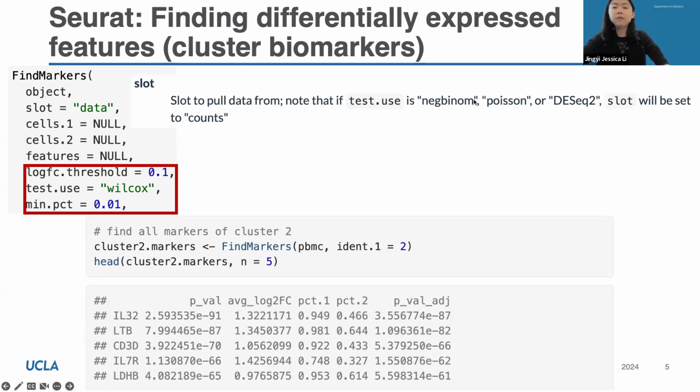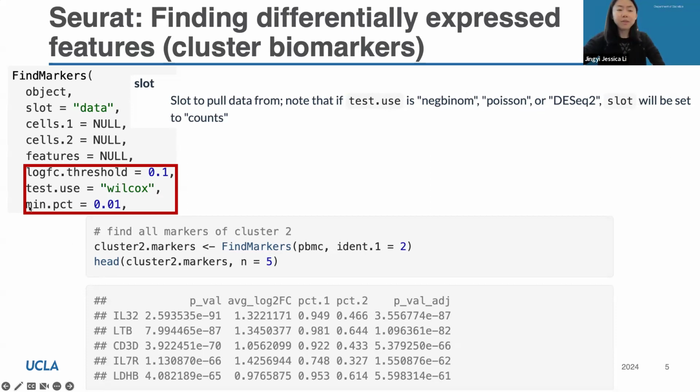That's why if you use these methods, the slot, which is by default set to data, meaning normalized data from the previous normalization step, will be changed to counts. Counts are the original data before you do the normalization. So Seurat has this default change: if you use a count-based test, the data will be counts. If you use the default Wilcoxon, the data will be the normalized data. That's important to know.